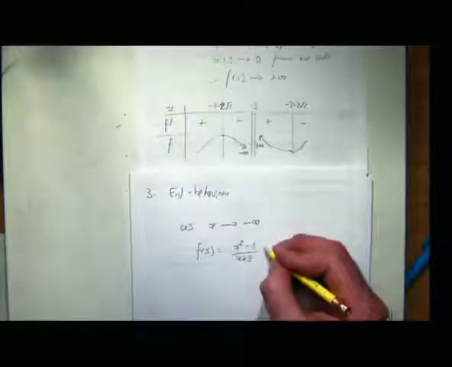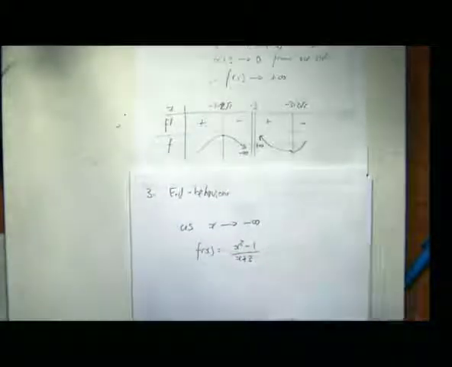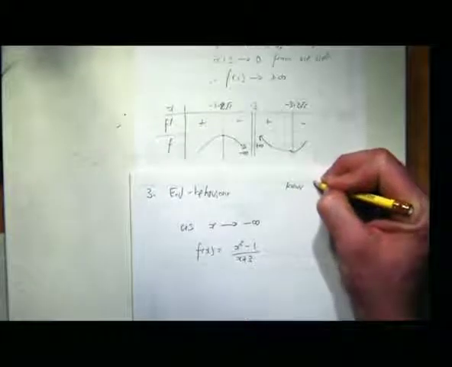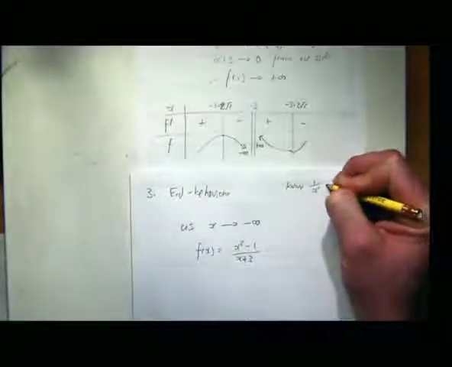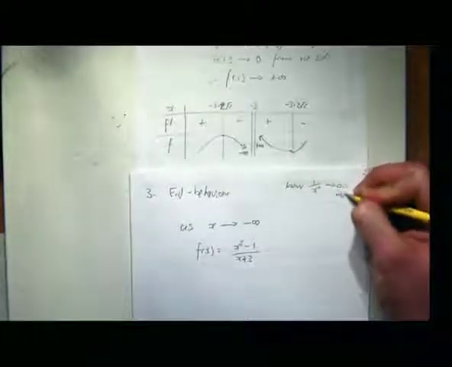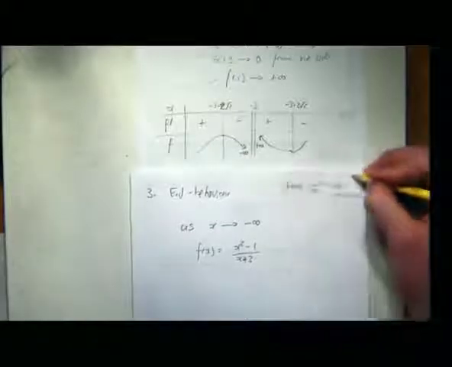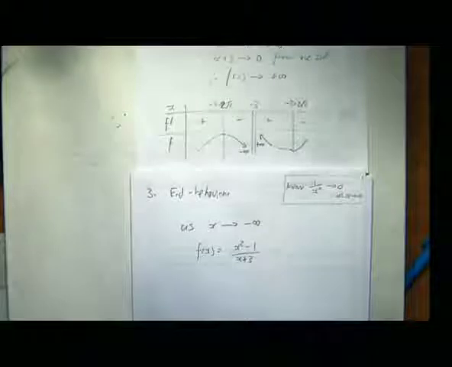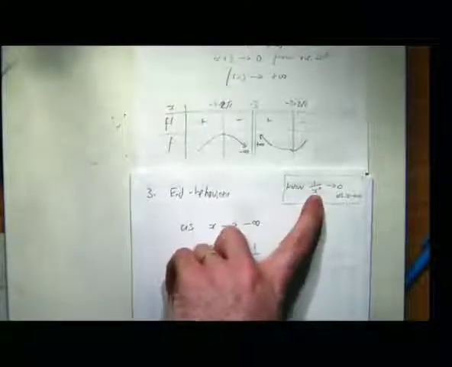The other thing you can do, which is probably a little easier to focus on, is that there is one particular limit at infinity that you definitely know. You know that 1 over x to the n goes to 0 as x goes to infinity, no matter what n is, when n is a positive number.